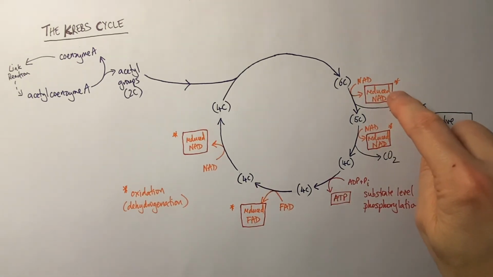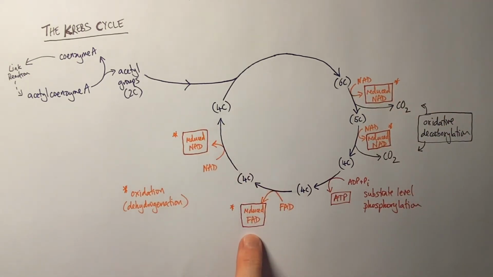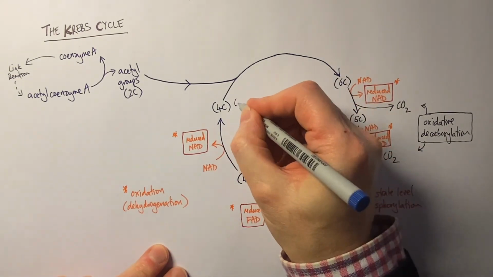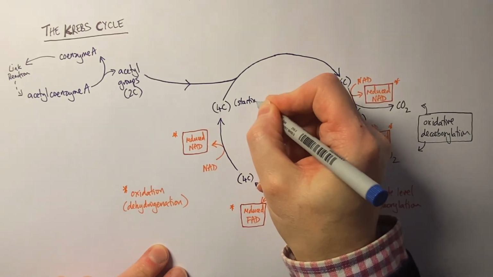So we get reduced NAD here, and reduced FAD there. Some energy is lost to form ATP from ADP and inorganic phosphate. And remember, you can't just say to form ATP, you must say from what. And this is the really, really important bit as well. For every biochemical cycle, the starting molecule must be regenerated.